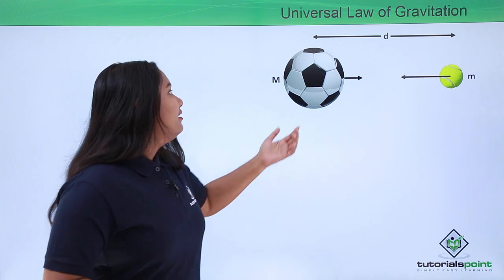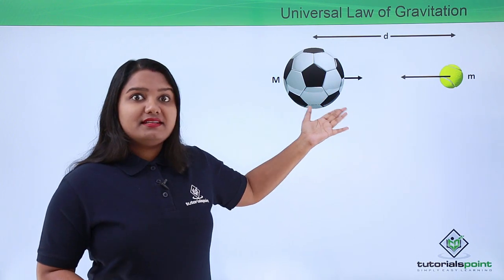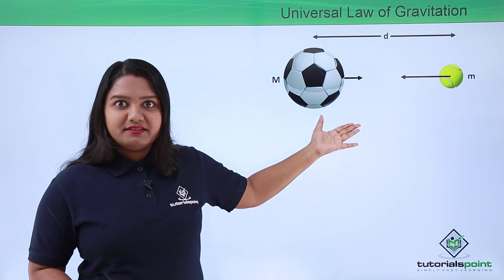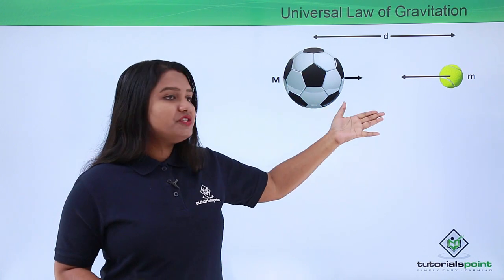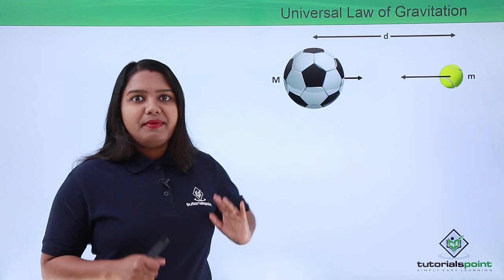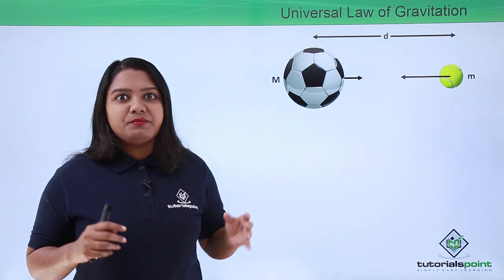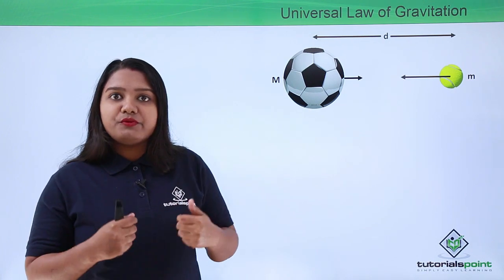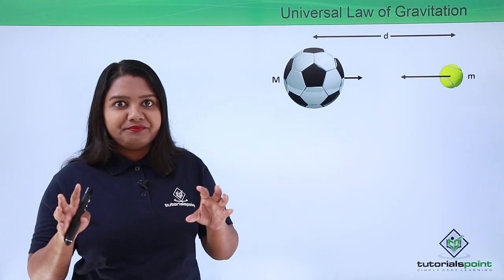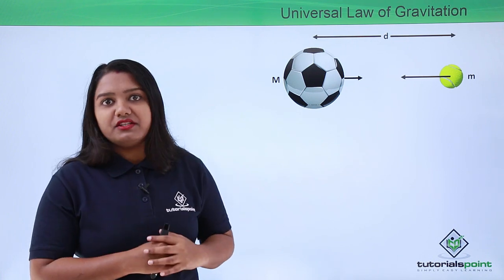Now we have considered these two objects, that is a football and a tennis ball. We see that these two do not differ much in their masses, but we do not see them attracting each other. They do not move towards each other when placed on a table, and they do not stick to each other, right?